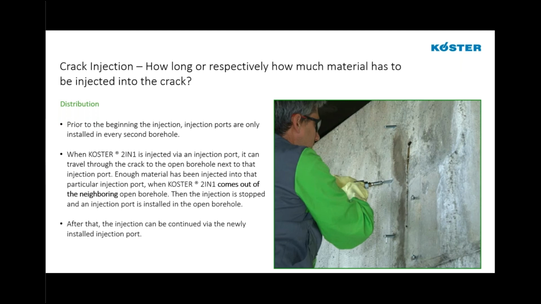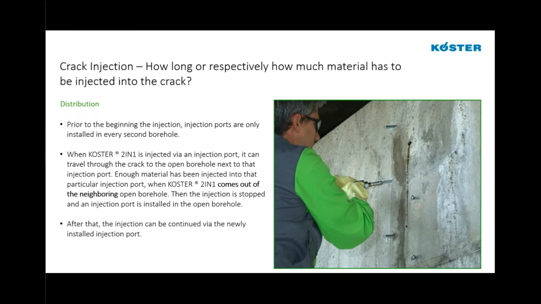First is by distribution. So again, if we begin the injection with injection ports in every other porthole, we would inject 2-in-1 into a lower port. It will travel through the crack and come out the open porthole next to that, the next adjacent empty injection port. Enough material has been injected into the port that you're injecting when 2-in-1 or resin comes out of the neighboring open borehole.